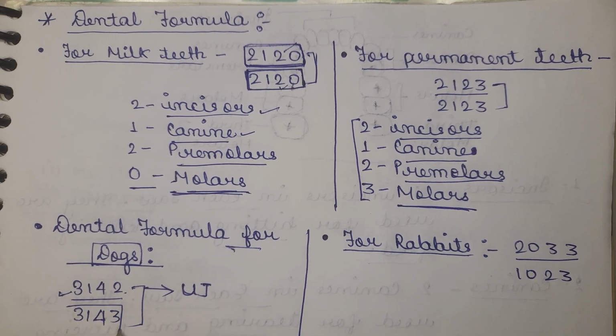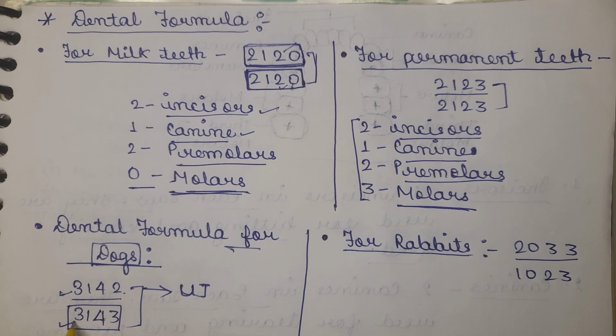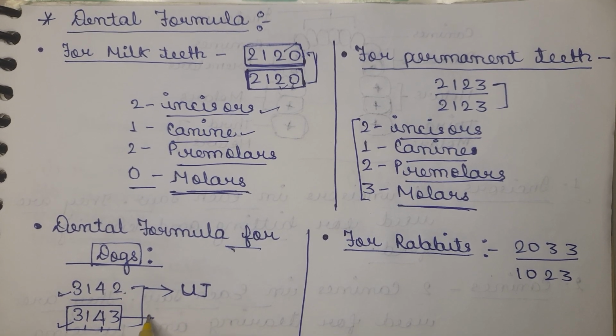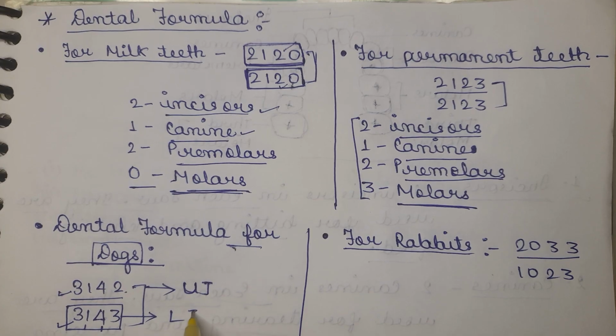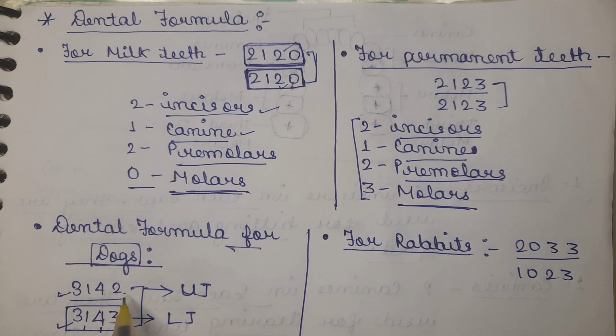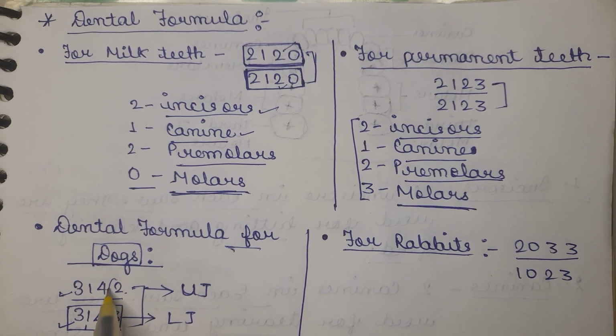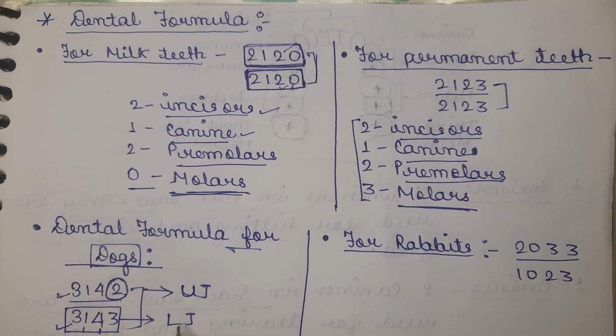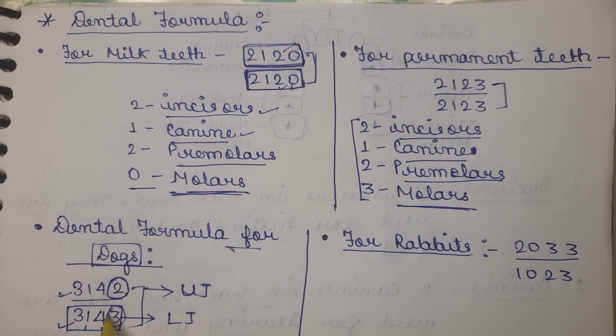And now talking about the lower jaw, 3 incisors, 1 canine, 4 premolars, and 3 molars. So here you will see the difference: the dogs have 2 molars in the upper jaw, but in the lower jaw the dogs have 3.